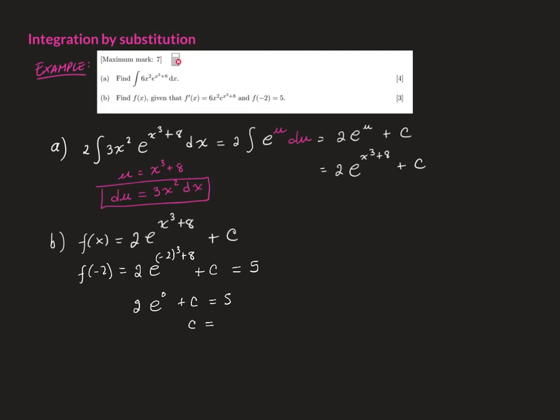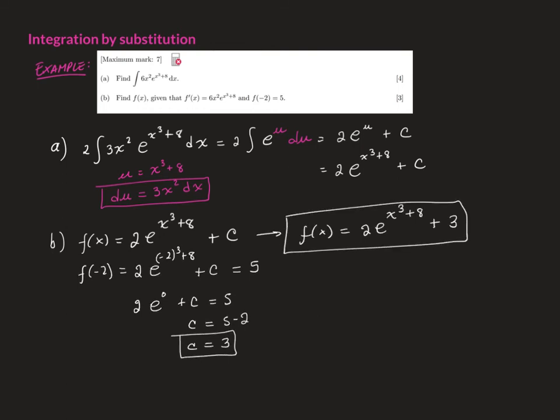That means c is equal to 5 minus 2, so c is equal to 3. So the final function is f of x equal to 2e to the power of x^3 plus 8, plus 3. And this is the final answer.